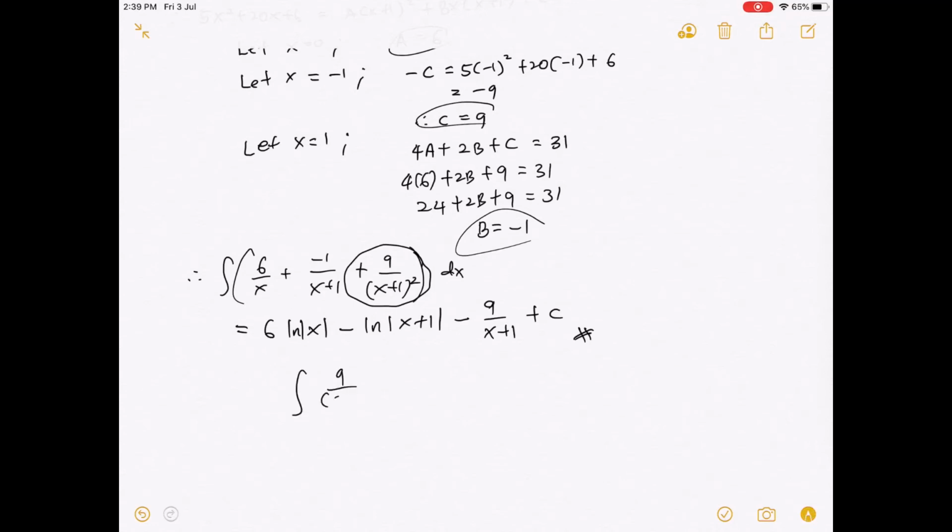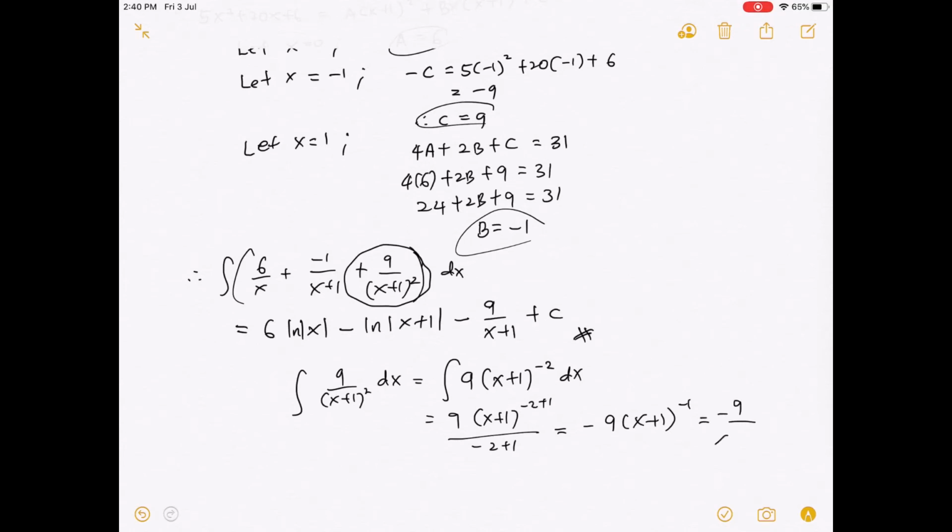So to integrate 9 over x plus 1 to the power of 2, you bring the power and it becomes -3 dx. Okay, so we have x plus 1 to the power of -3 plus 1 over -3 plus 9, which is -9 over x plus 1, then we become -1.